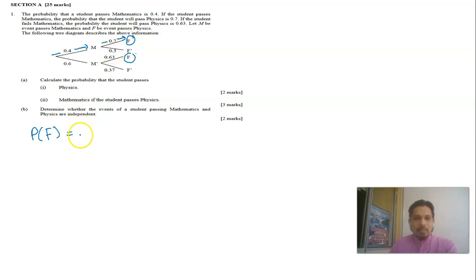So it is the probability of the student passing maths and physics, and also the student not passing maths but passing physics. It's not multiplied here, it's supposed to be addition.